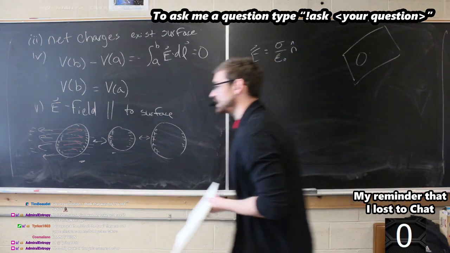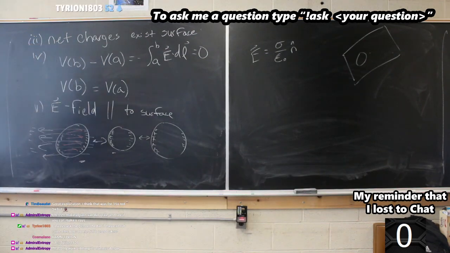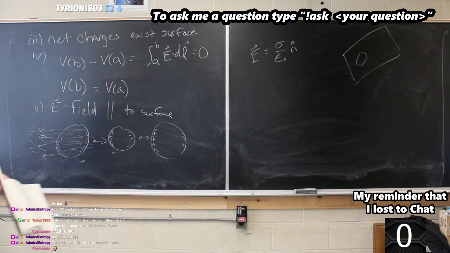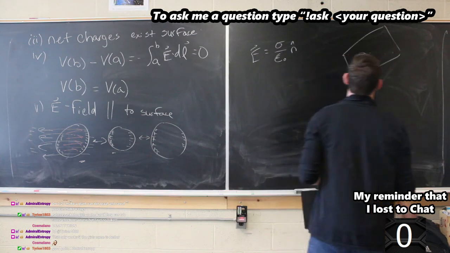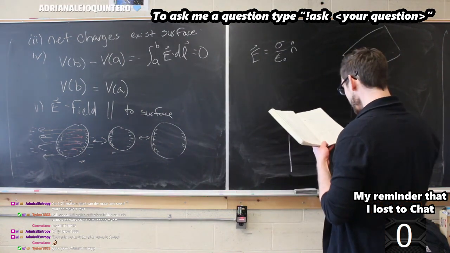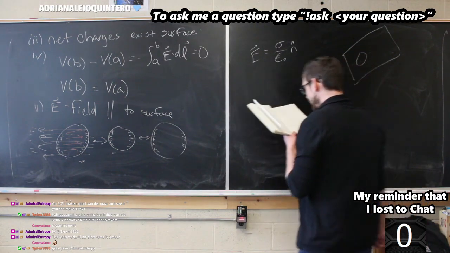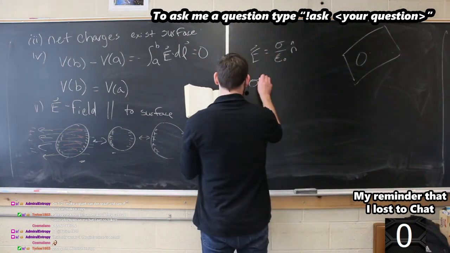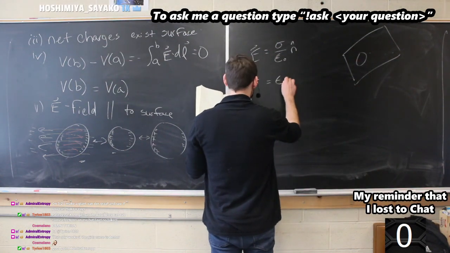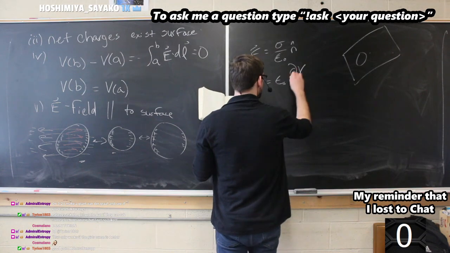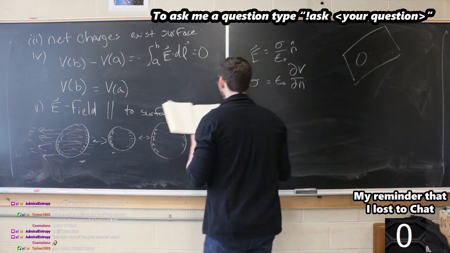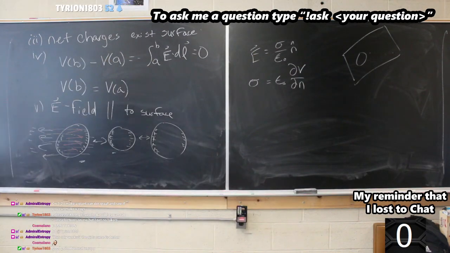Actually, this might be true always, now that I think about it. But for the sake of example, let's say we're going to talk about an infinite surface charge. And we also know in terms of potential that sigma is equal to negative epsilon naught dV/dn, where n is the normal vector.